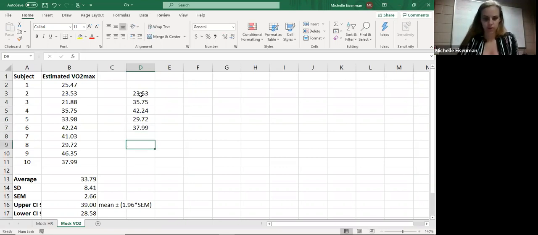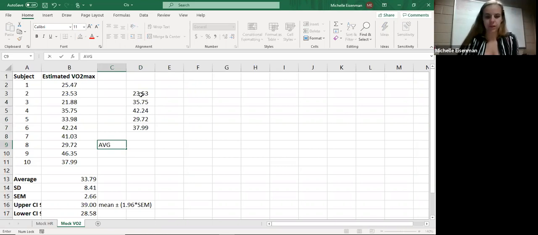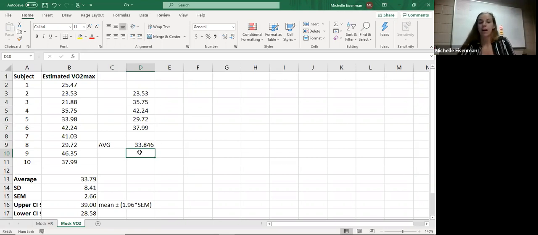So I'm just going to write average here, equals average. 33.85 was my number for this. So yeah, it did lie between the upper and lower limits.